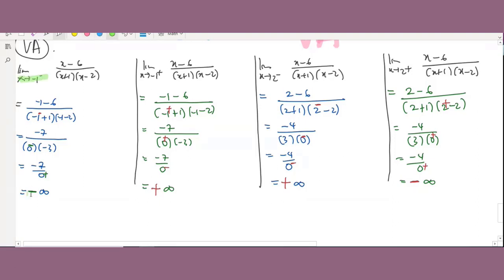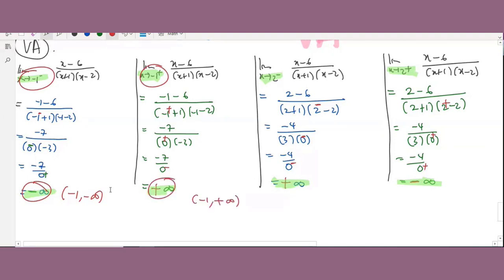This is the x value, the y value. X, y, x, y. So actually check. Okay, this forms infinity, so this value is considered an asymptote. Negative 1, negative infinity. Negative 1, positive infinity.